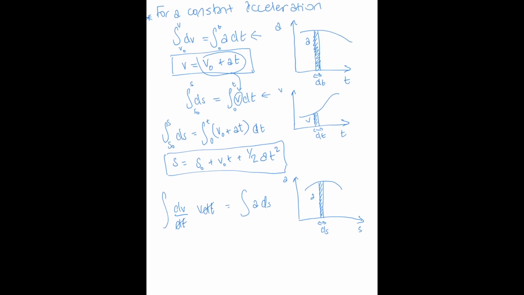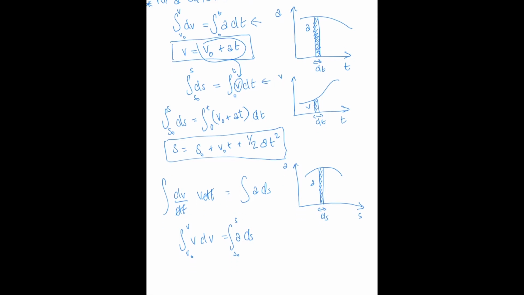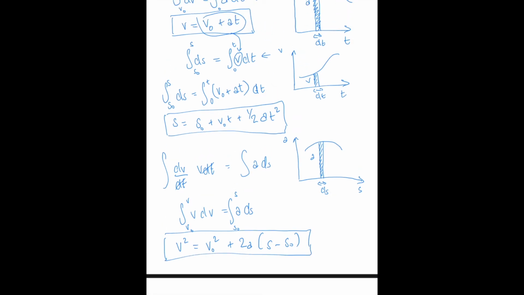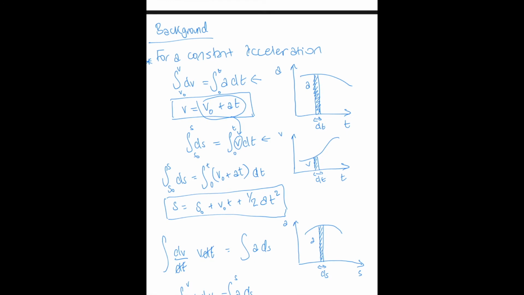When those two cancel each other out, it becomes v dv from v naught to v is equal to a ds from s naught to s. And once we integrate that, we can have v squared is equal to v naught squared plus 2a multiplied by s minus s naught. Now, this is the final equation for a constant acceleration. And those equations only work for a constant acceleration.